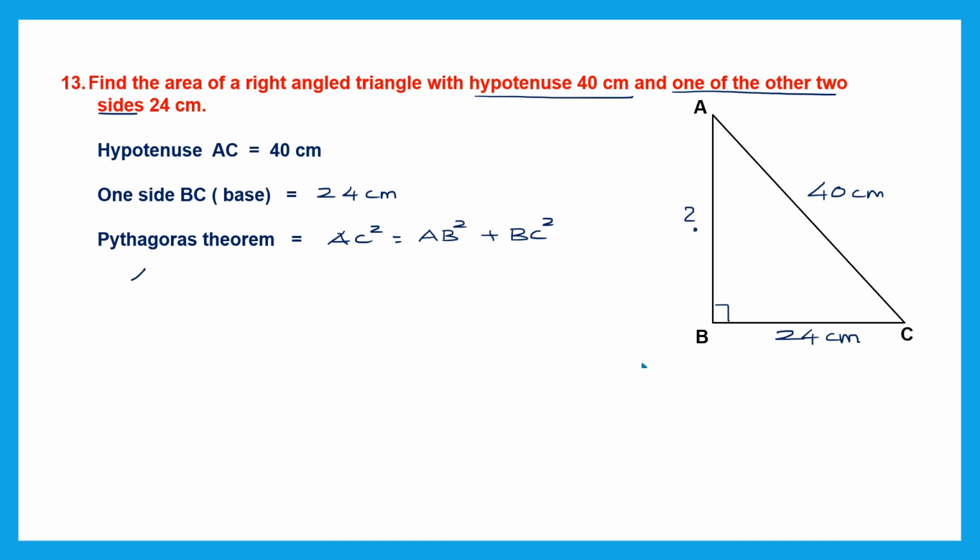AC square means 40 square, which is equal to AB square, which we don't know, so we'll leave it as AB square, plus BC square, which is 24 square. Now if we have to find AB square, that will be equal to 40 square minus 24 square, because we are transposing 24 square to the other side.